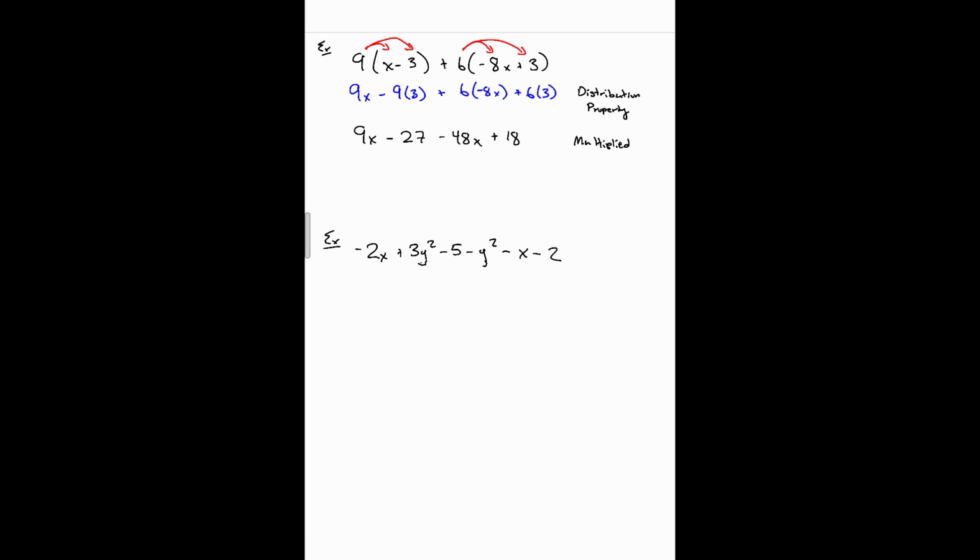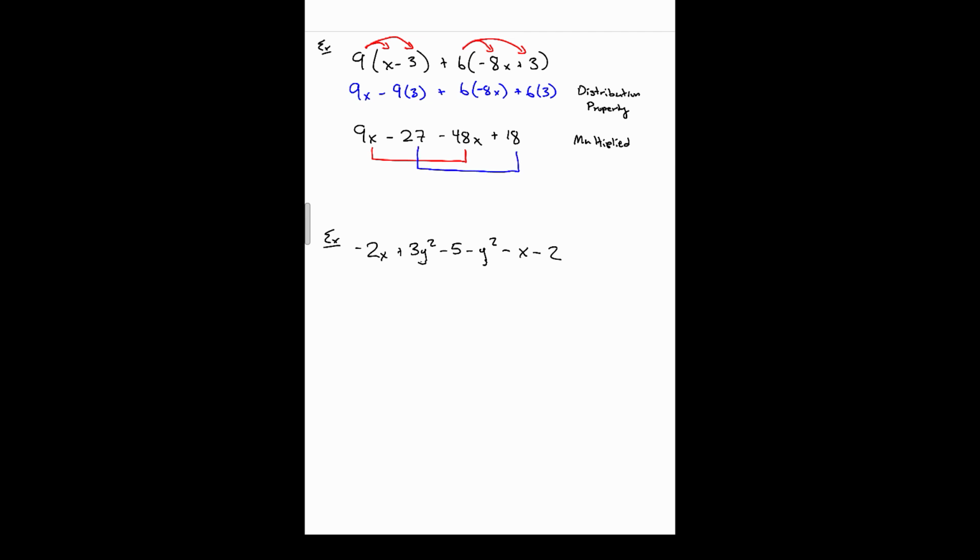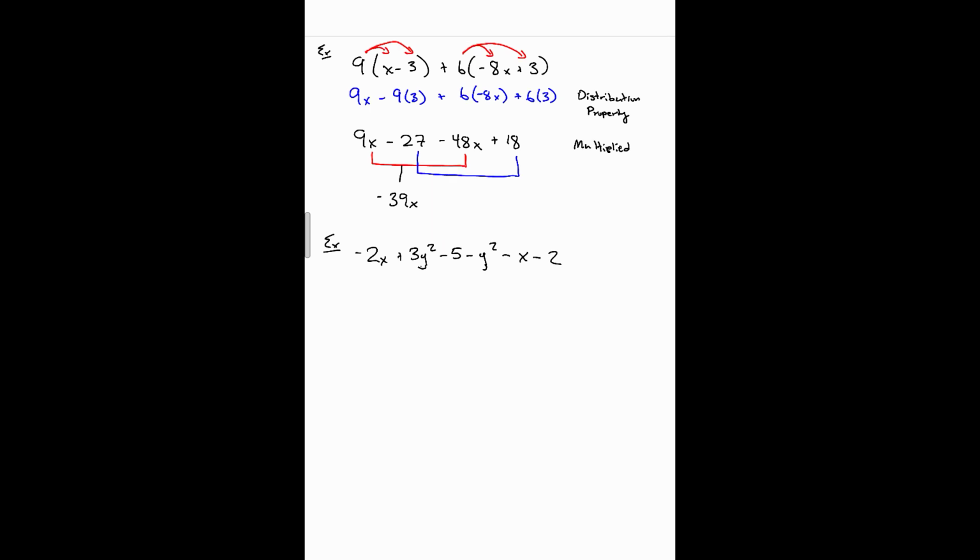So I can combine the x's together, and I can combine the constants together. So 9x minus 48x would be minus 39x, and then minus 27 plus 18 would be minus 9. And that would be your final answer.